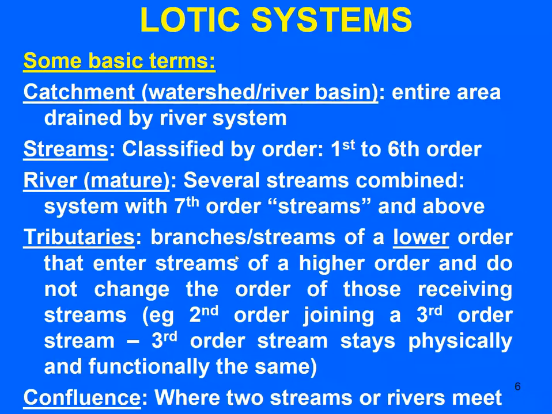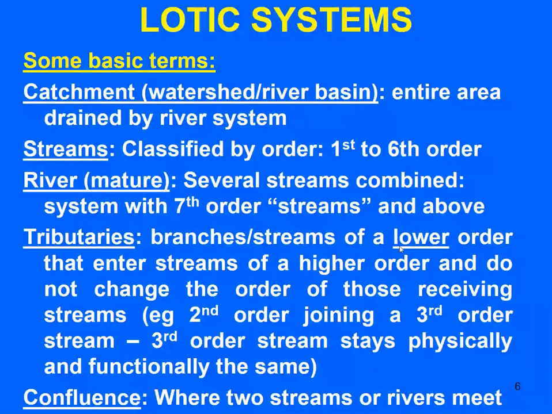Now, tributaries are branches or streams that enter a river system, but it's a lot more than just that. It has to do with their specific order, the number that has been given to them, and you'll see that also. I'm just going to read through this with you, but I'm going to explain it on the next slide.